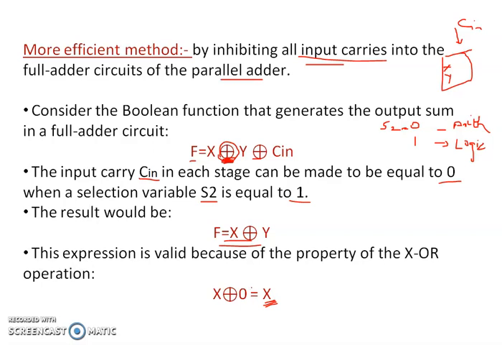This is possible only if the carry-in signal is equal to 0. So to implement the logic operation, it is better to make the carry-in signal equal to 0 so that all the operations can be implemented in a correct way.